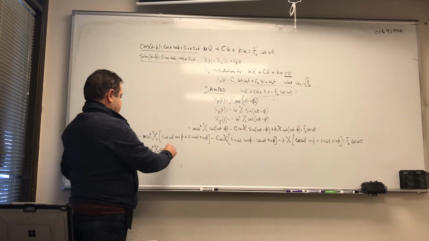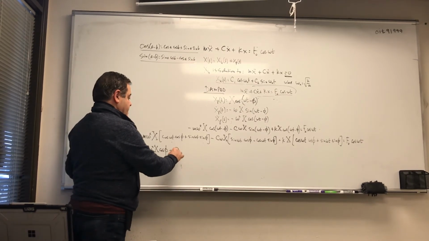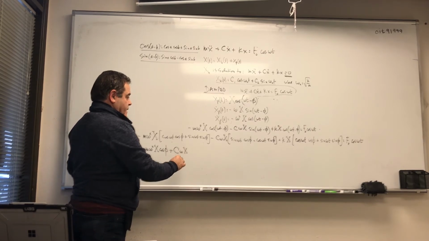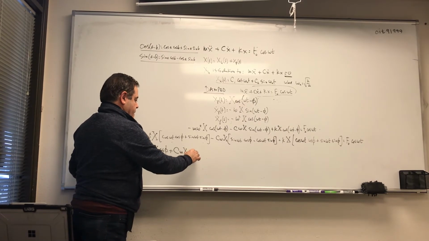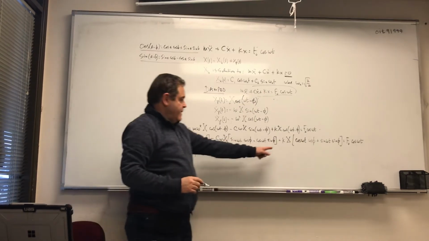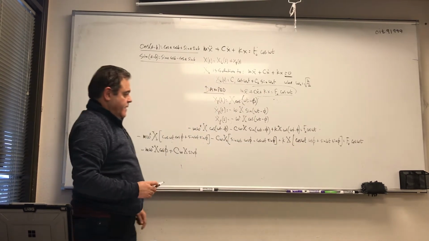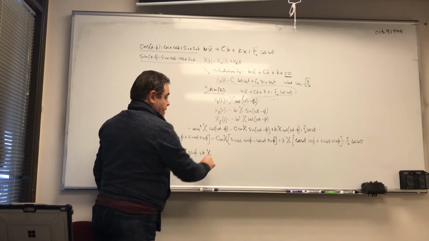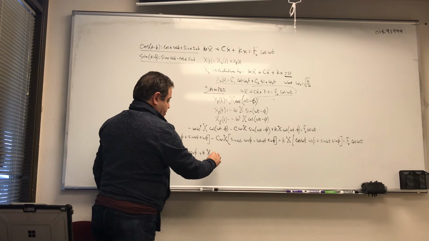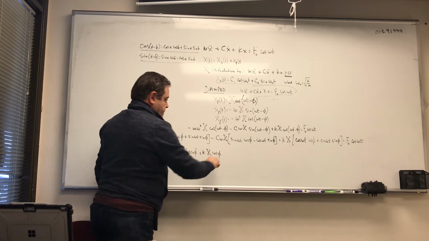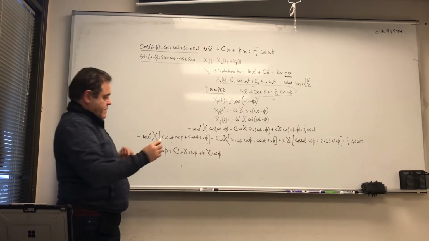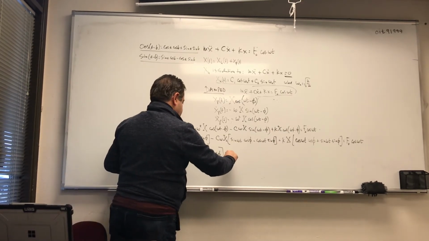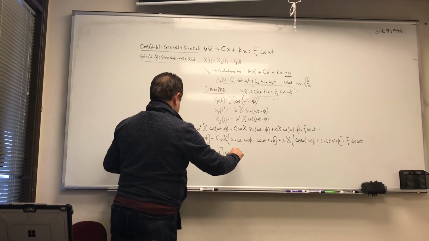So it's gonna be plus c omega x sine phi, right? Anything else? Oh, there's another one here. It's kx. Plus k capital X cosine phi, right? And that's it. And this whole thing is multiplying what? Cosine omega t.